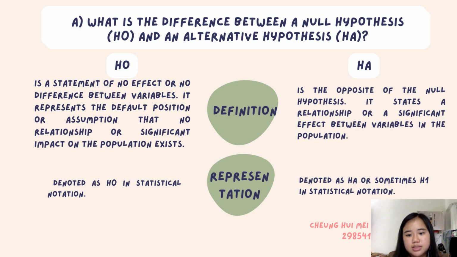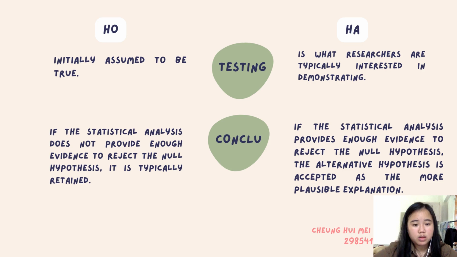The null hypothesis is denoted as H0 in statistical notation, and the alternative hypothesis is denoted as HA or sometimes H1. When testing, the null hypothesis is initially assumed to be true, and the alternative hypothesis is what researchers are typically interested in demonstrating.